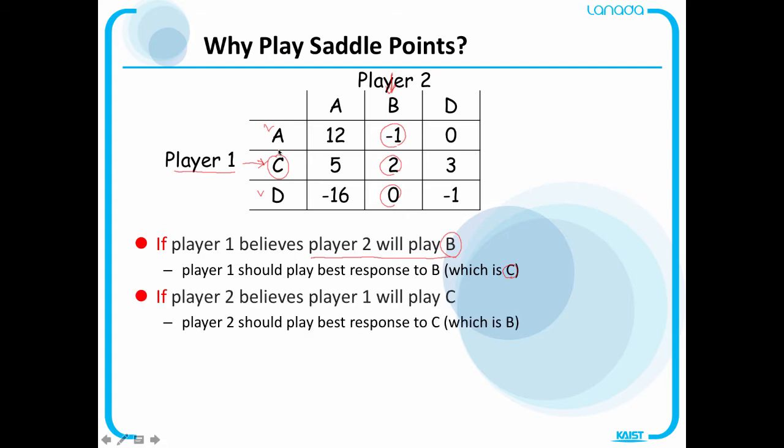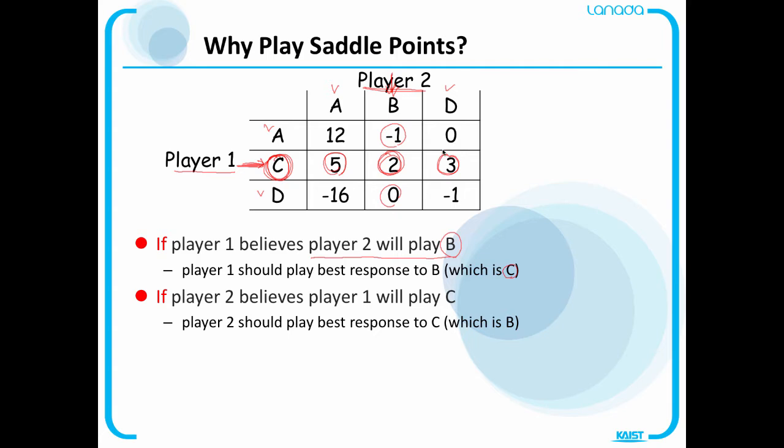Similarly, if player 2 believes that player 1 will play C, suppose she has that belief, then obviously player 2 will compare the payoffs of these three, A, B, or D. Player 2 tries to minimize the payoff, and she will play the best response to C, which is out of 5, 2, and 3.